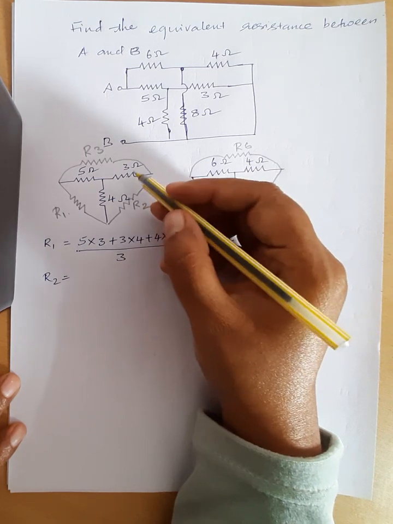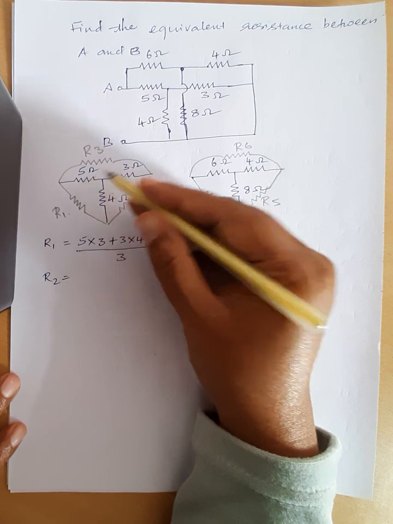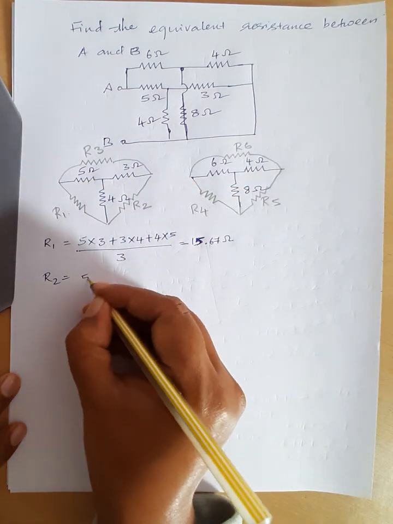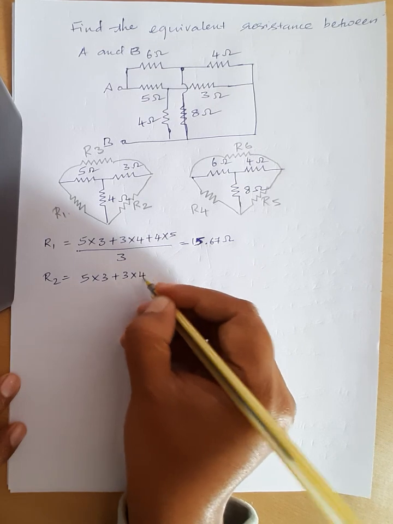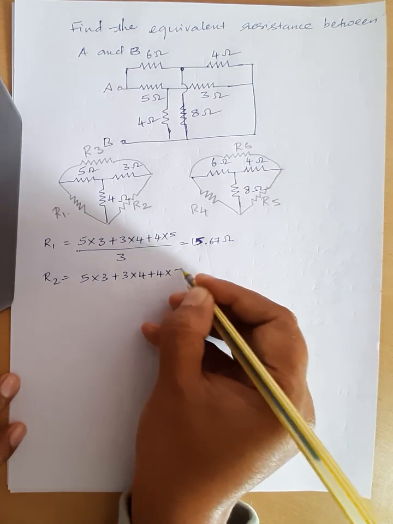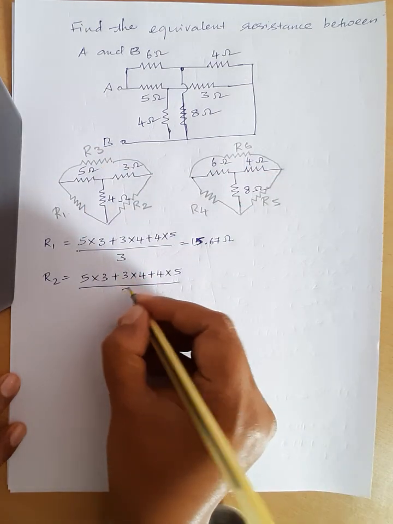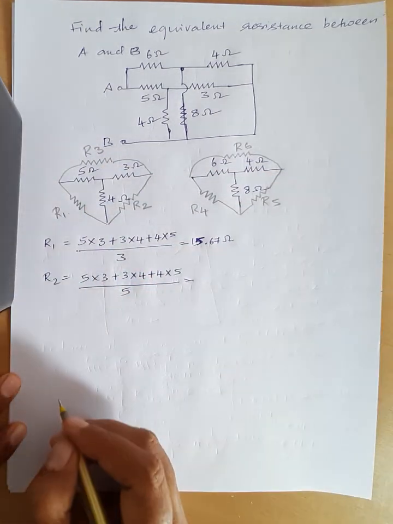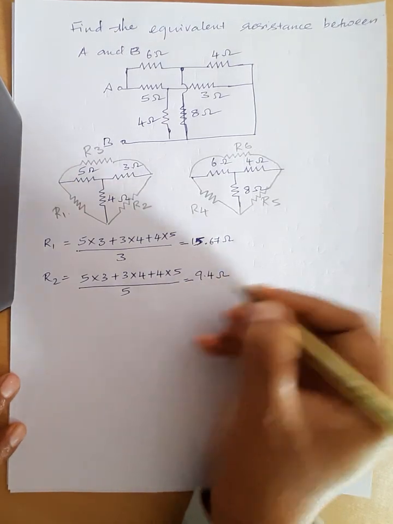Similarly R2. R2 is equal to the numerator, the same 3 into 4, 4 into 5, 5 into 3, divided by R2's opposite resistance, which is 5 ohm, which is equal to 9.4 ohms.